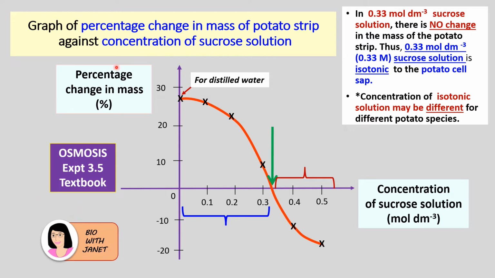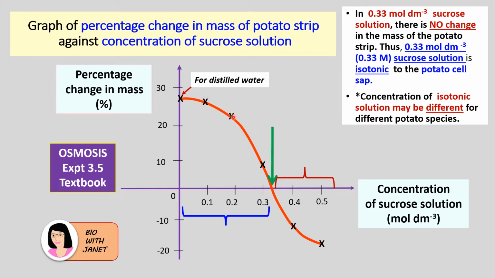Then you can plot a graph of the percentage change in mass of potato strip against the concentration of sucrose solutions. For example, let's say that you were given 3 sucrose solutions, 0.2 M, 0.3 M, 0.4 M. So you can find the percentage change in mass.